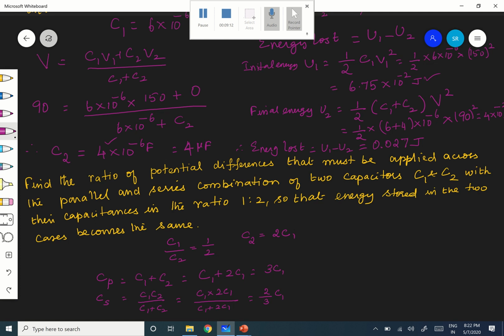Now you are asked to find the potential difference.